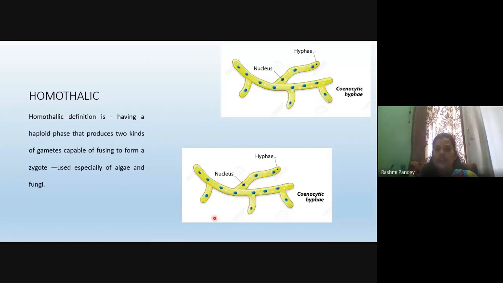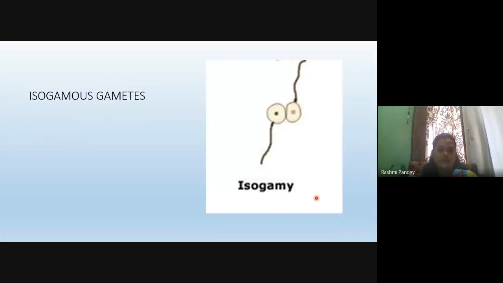So any haploid phase which produces gametes, and they both can unite with each other and give rise to a zygote. Homothallic and heterothallic is what we see in Phycomycetes.